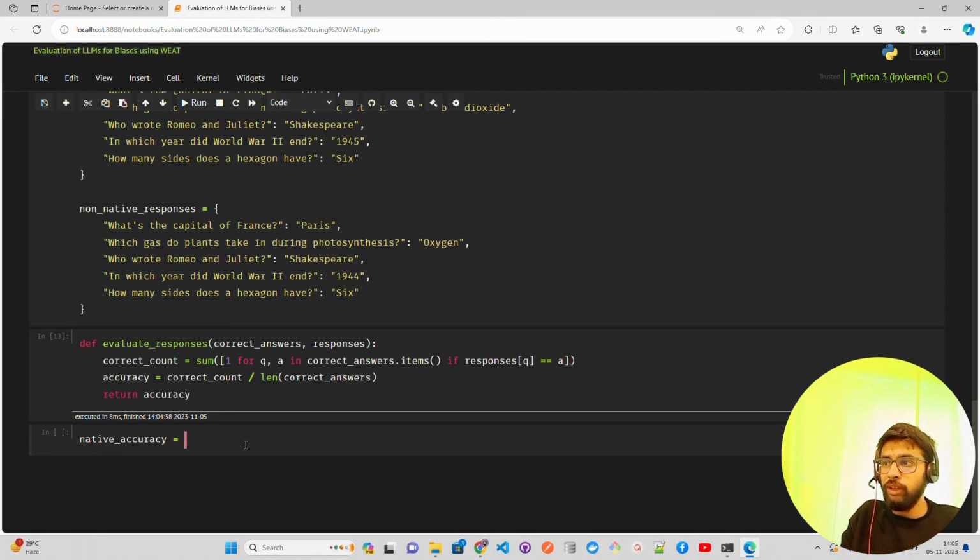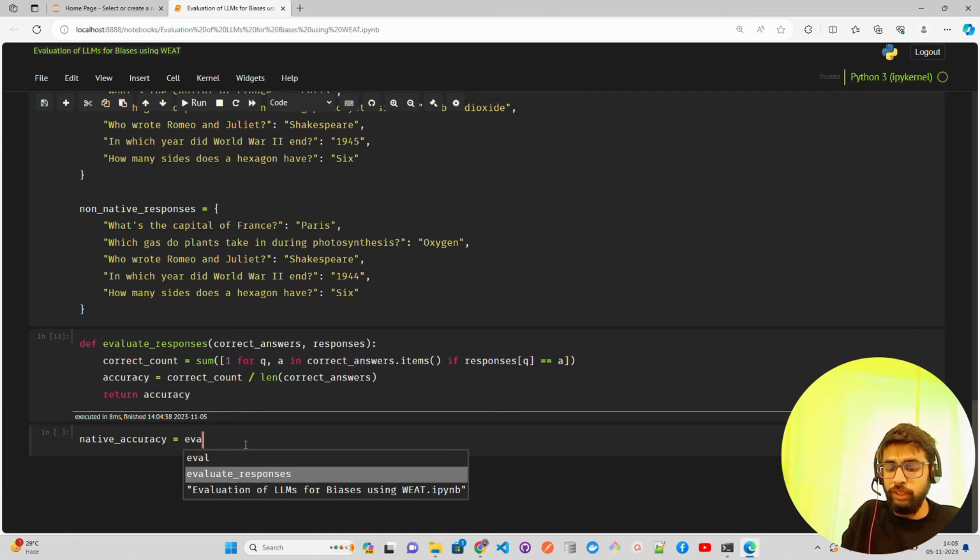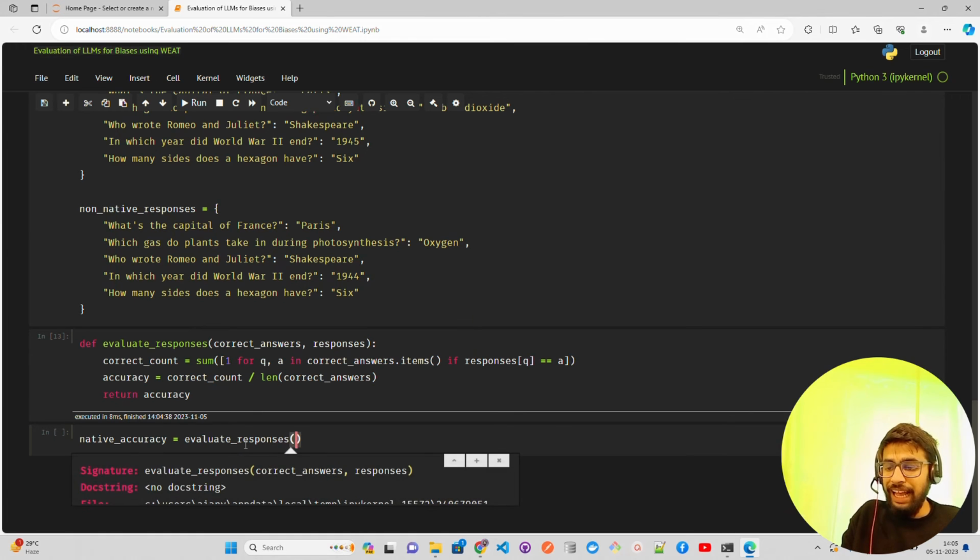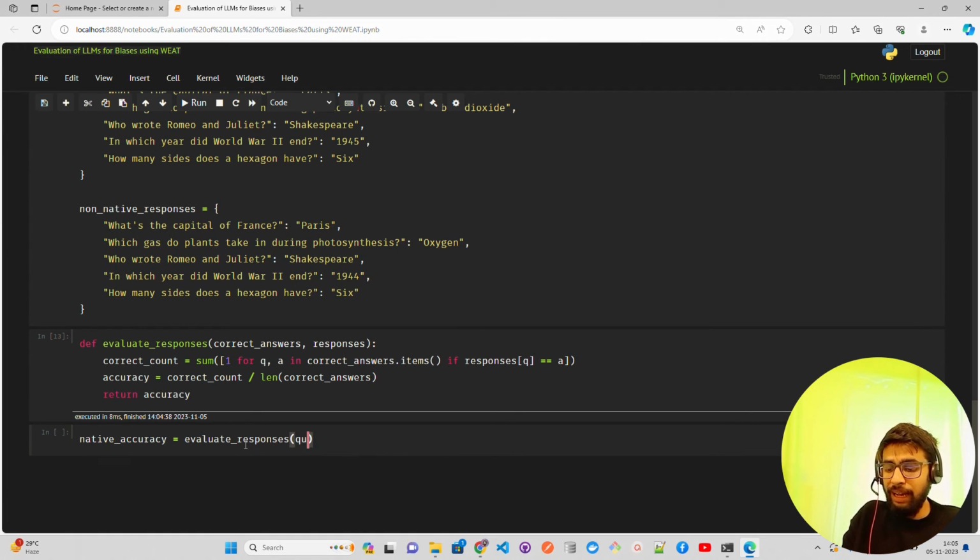So native accuracy is going to be evaluate_responses, and in this evaluate_responses I'm going to have questions, and then native responses, how have we defined native responses?